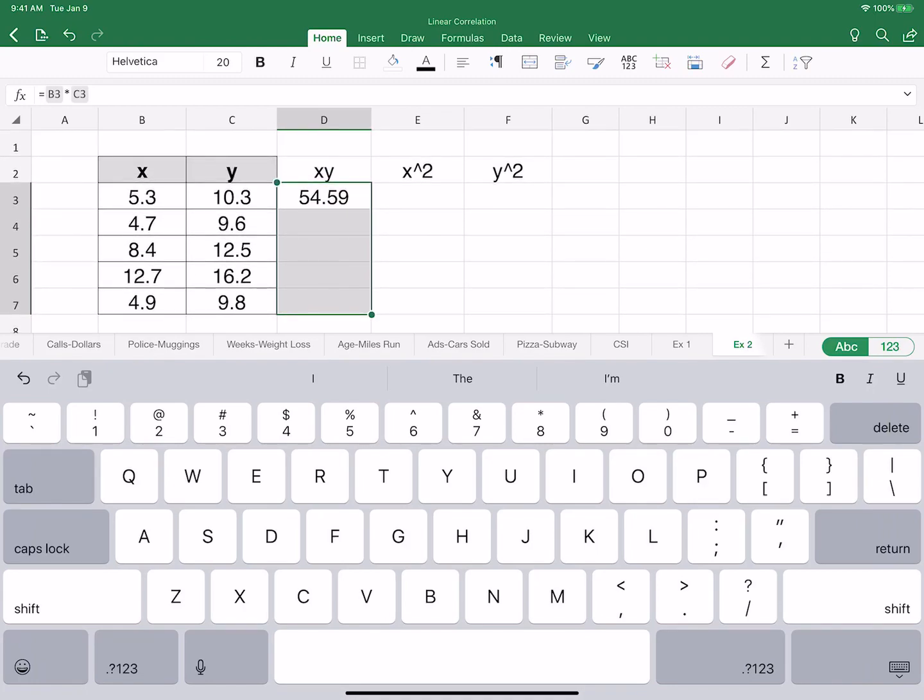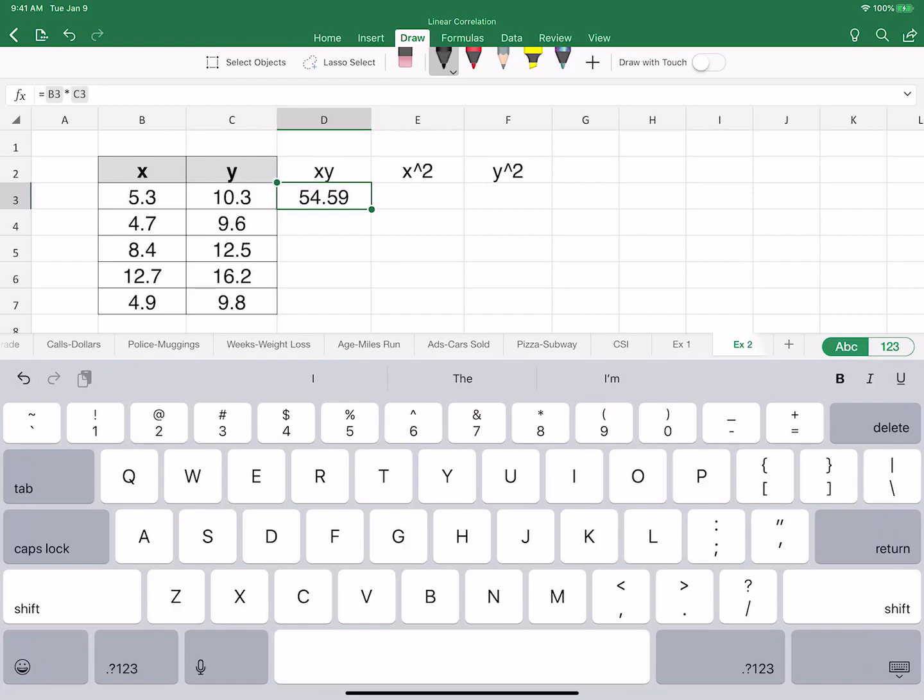Oops. Let's go down here. This is what's supposed to do here. Nope, I don't want to write. I want to do autofill.